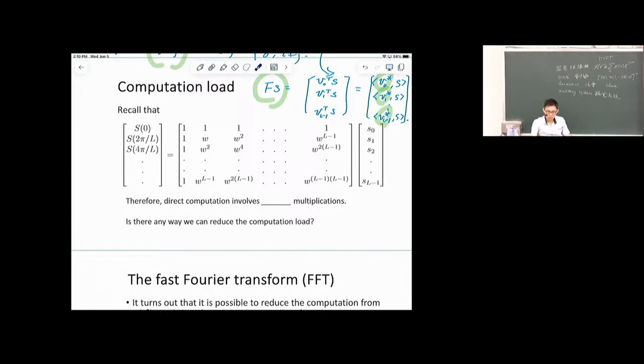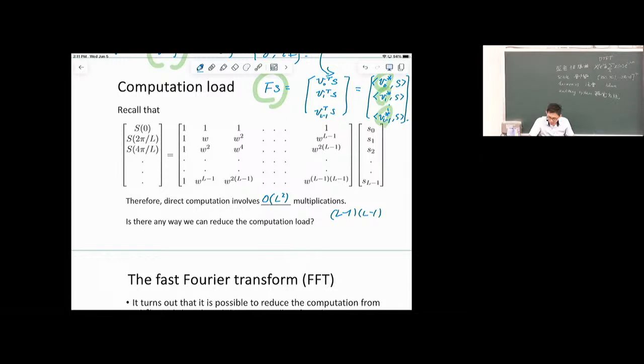Because we have 1 multiplication, 2 multiplications, last multiplication for this row, and then we change to the next row, 1 multiplication right here, 2nd multiplication right there, and last multiplication right there. So roughly speaking, the computation load is in the order of L squared, or to be exact, maybe it's L minus 1 times L minus 1.